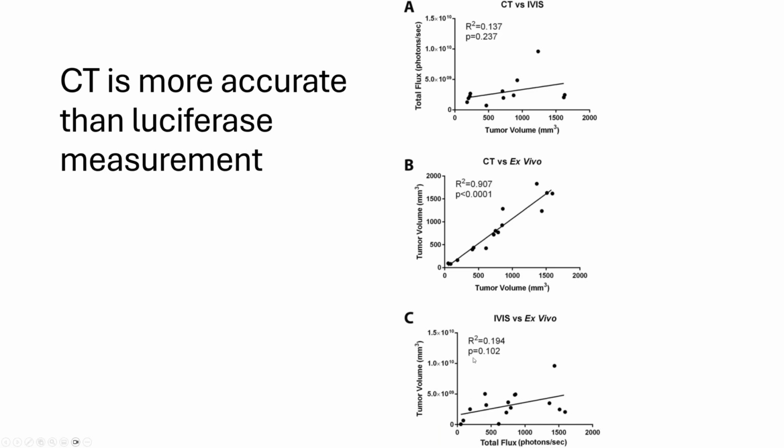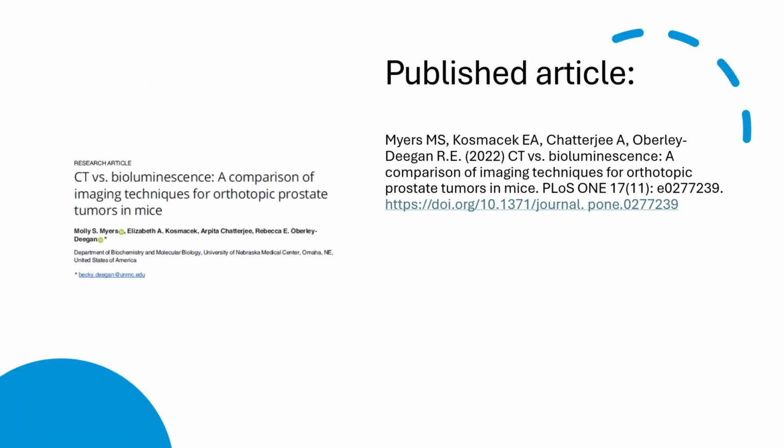That R-square value is very low and the p-value is very low. So we feel that CT is more accurate for measuring these orthotopic prostate tumors as compared to the luciferase system.